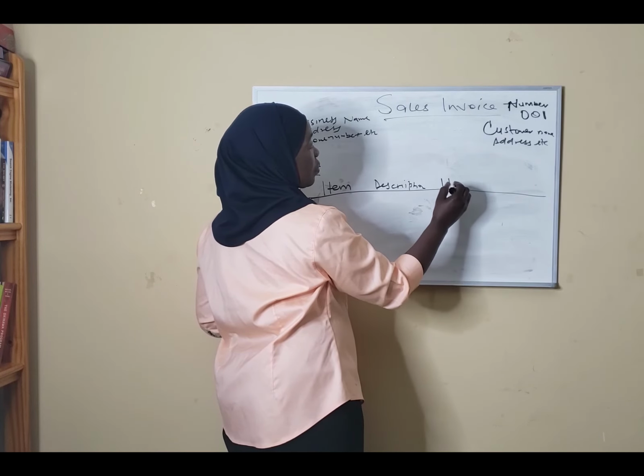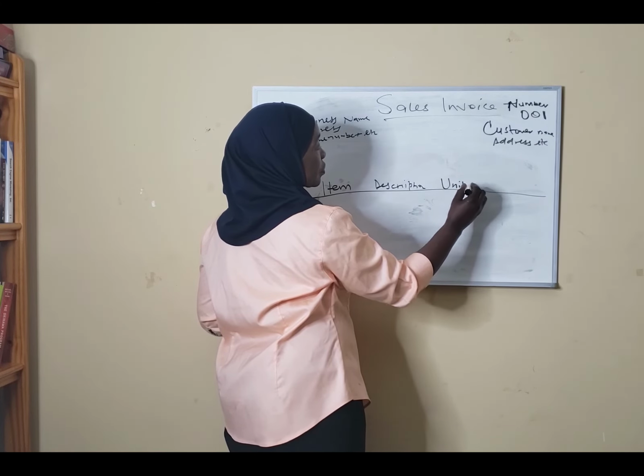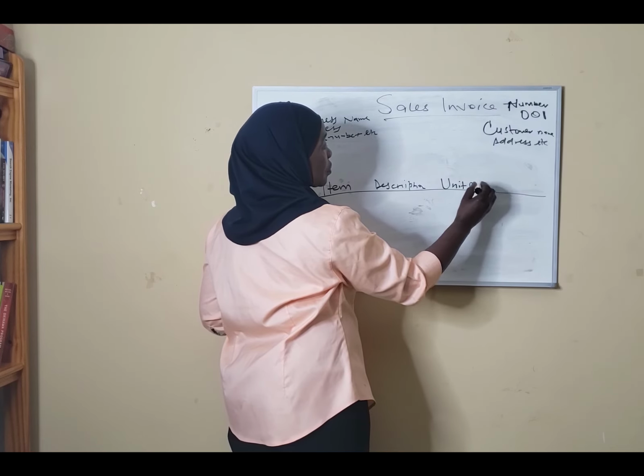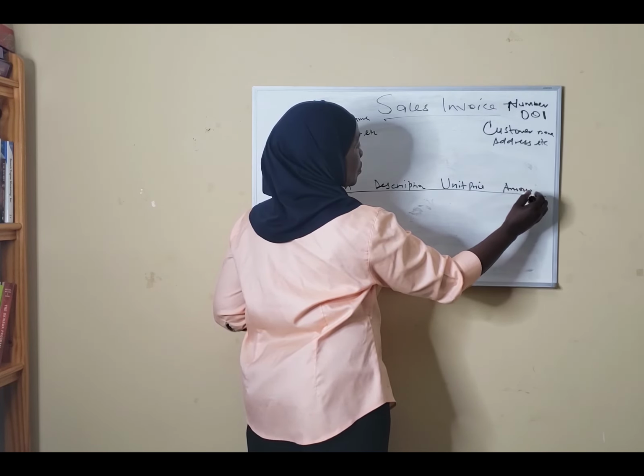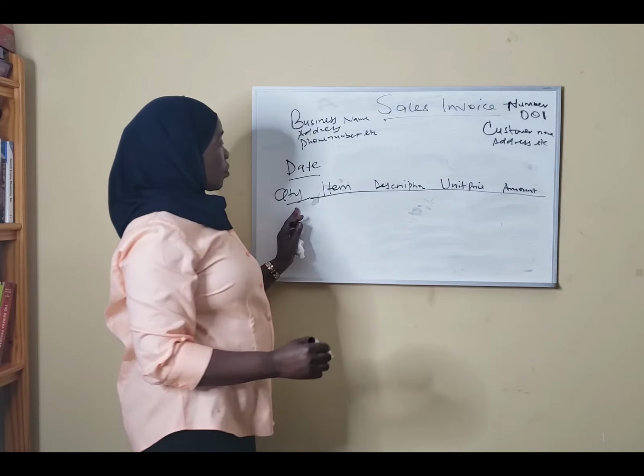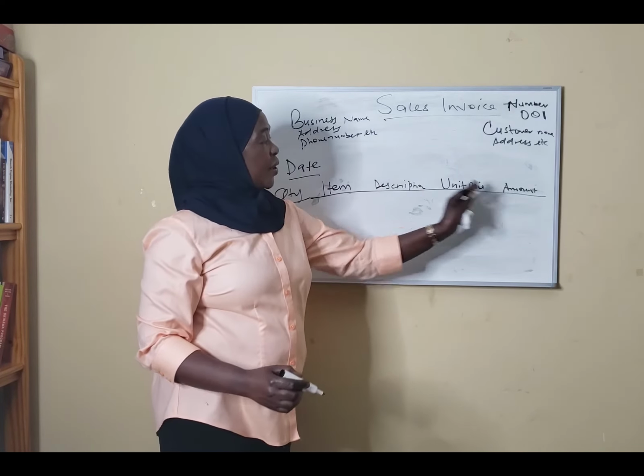Description, unit price, amount. The quantity could be here or anywhere.